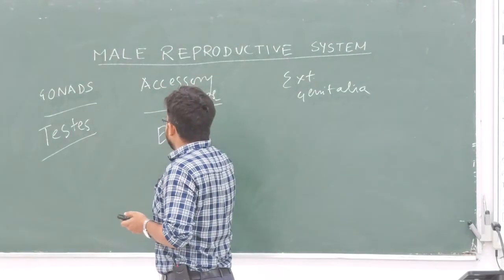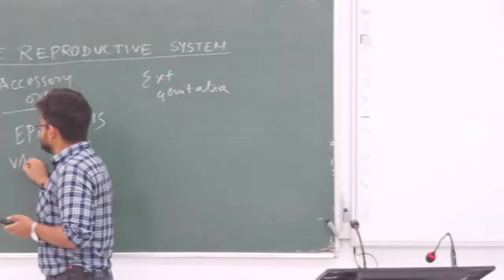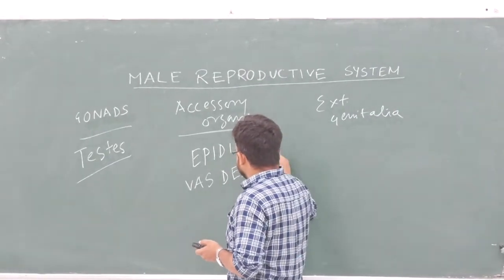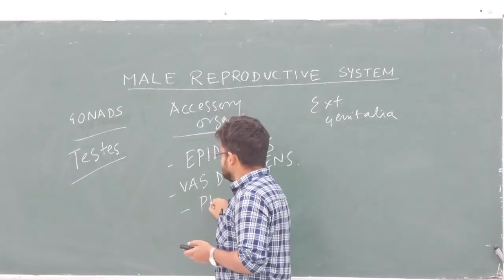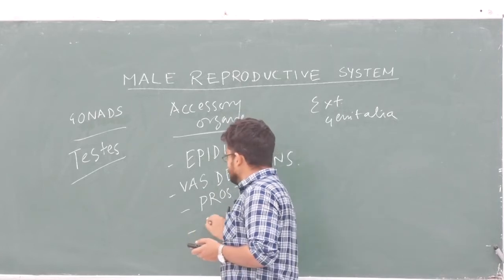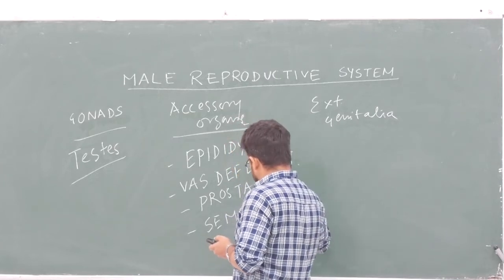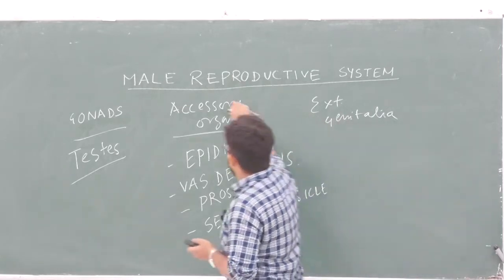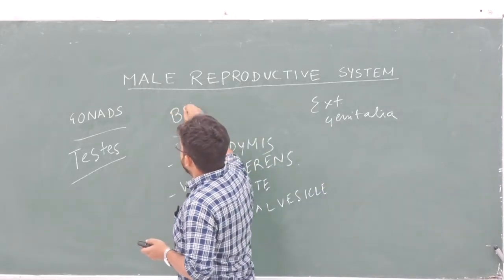It is epididymis, vas deferens, prostate, seminal vesicle, and here I am writing, I don't have place over there, bulbo-urethral glands.